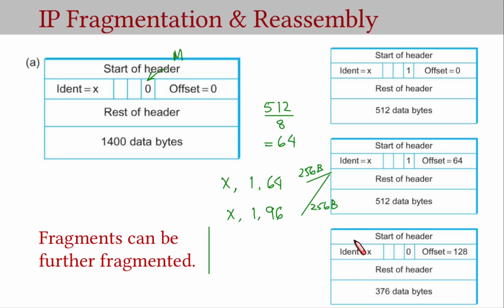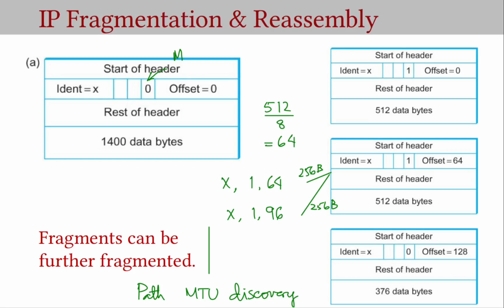And in any case, since the burden of reassembly is now at the receiver, it's better to avoid fragmentation, and one can do that by using what I referred to earlier. It's called path MTU discovery, and then send datagrams that are no larger than the smallest MTU on the path.